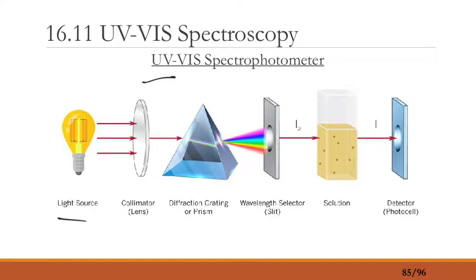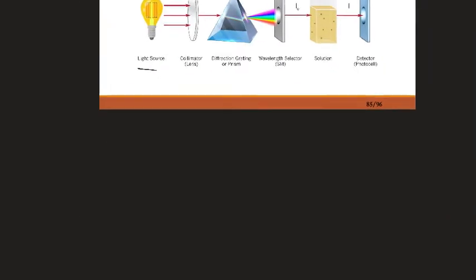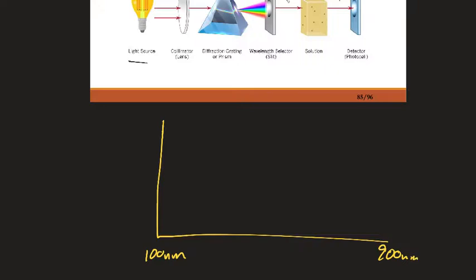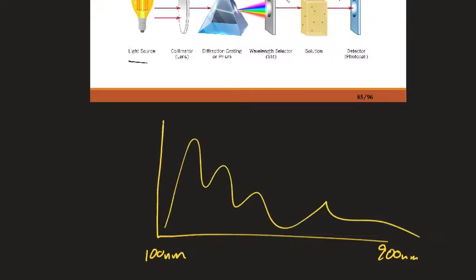You can also select, hey, this is one wavelength I want to use, only pick that wavelength. But if you do it in the normal way, you can get a whole spectrum that would look, let's say, like 100 nanometers all the way up to 900 nanometers. Let's just say that. And then you might get a spectrum that looks something like that.